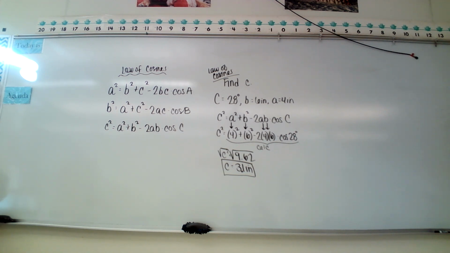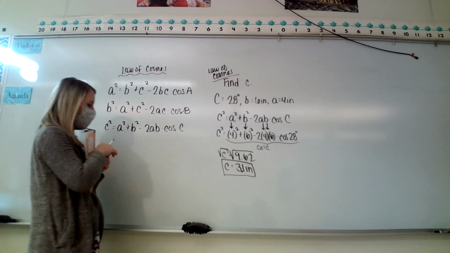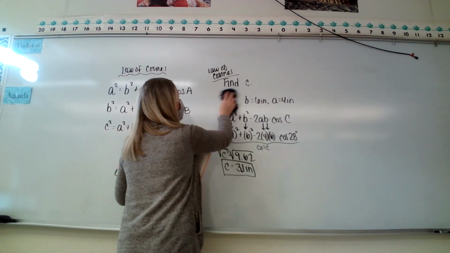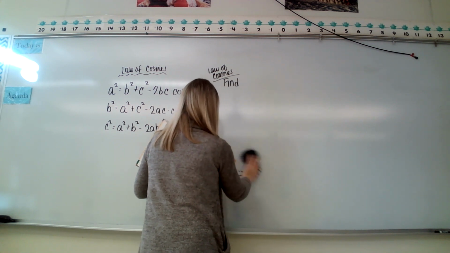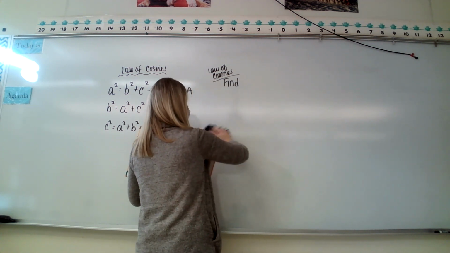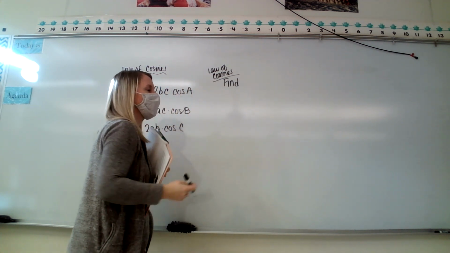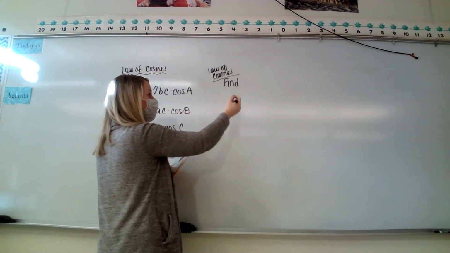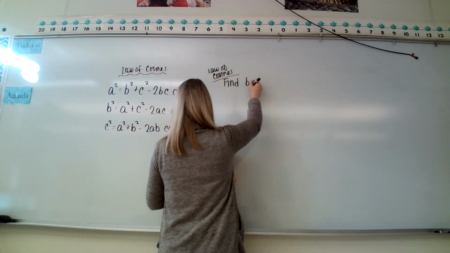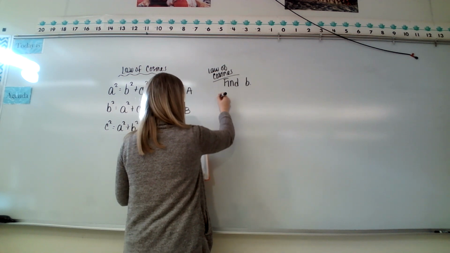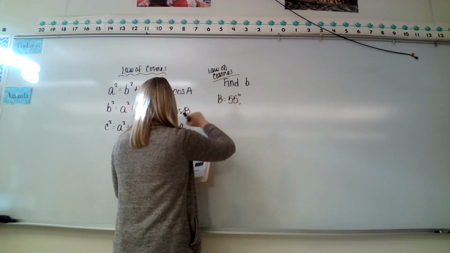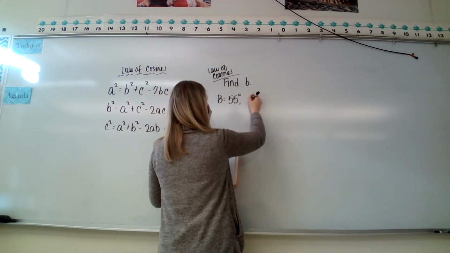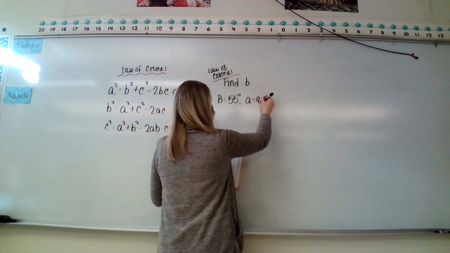All right, so here's our problem. This one we're going to find side B. Angle B is 55 degrees. Side A is 90 centimeters.